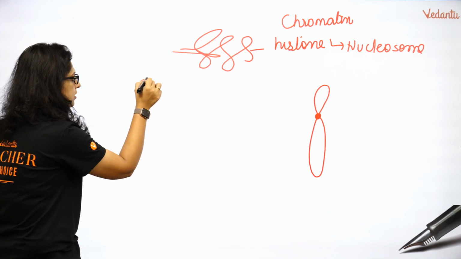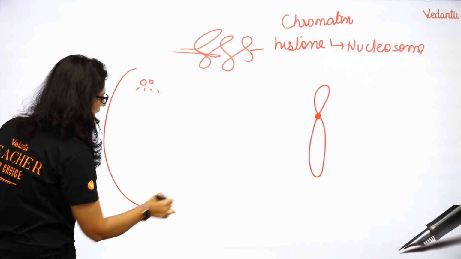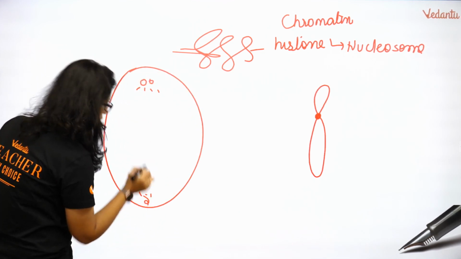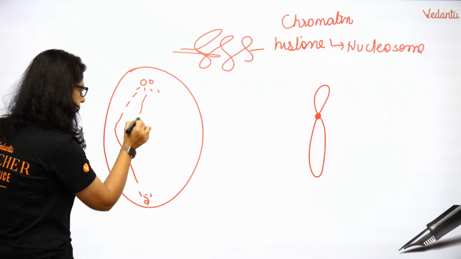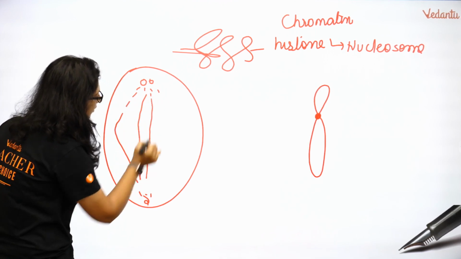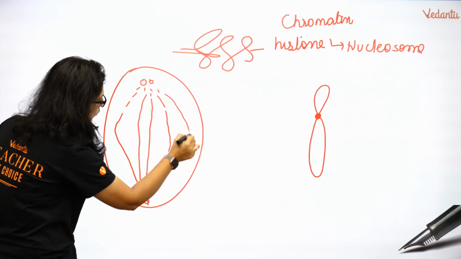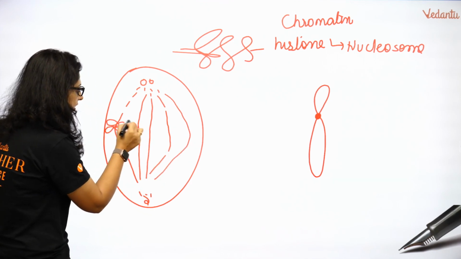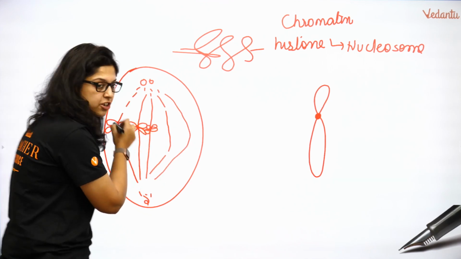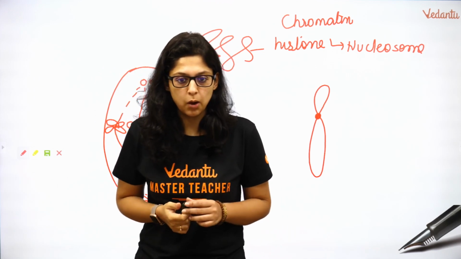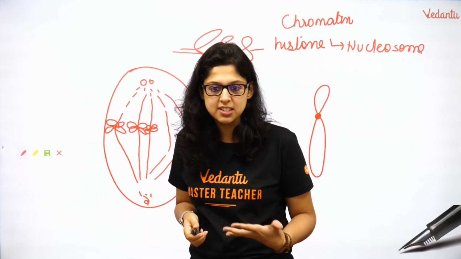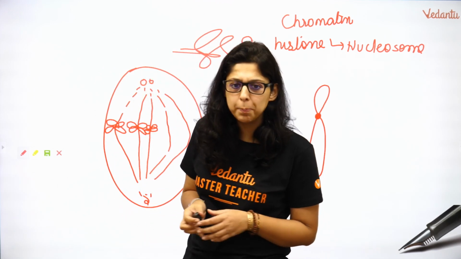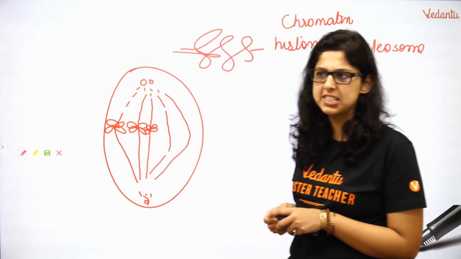And centrioles are these parts in a cell which make fibers which have the metaphase plate and the DNA attached to them. Is that clear? Right? This is the centriole. What is centriole and chromatin? Answered.